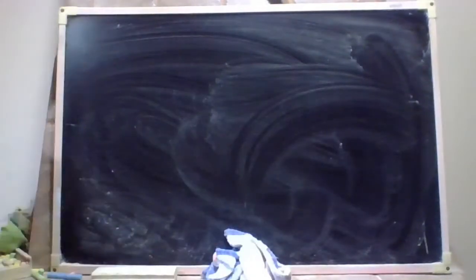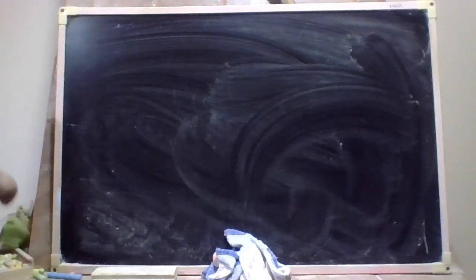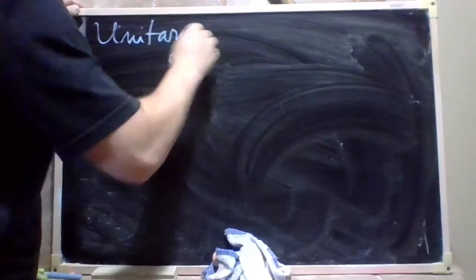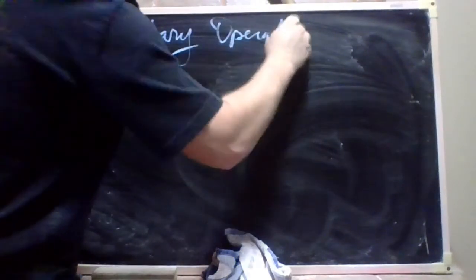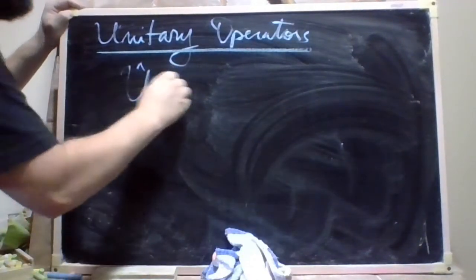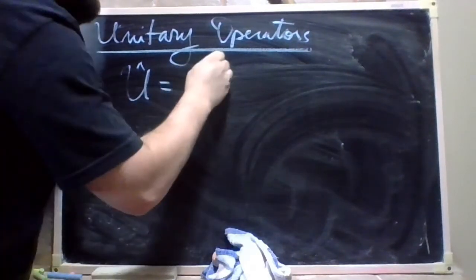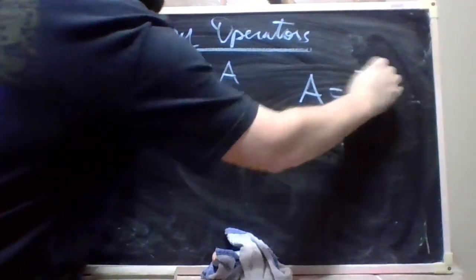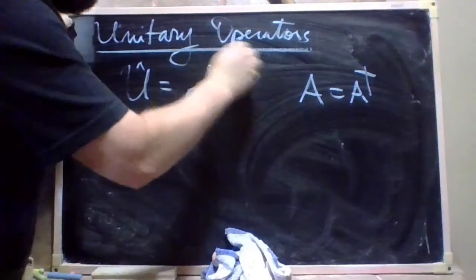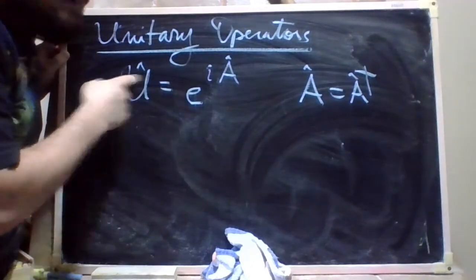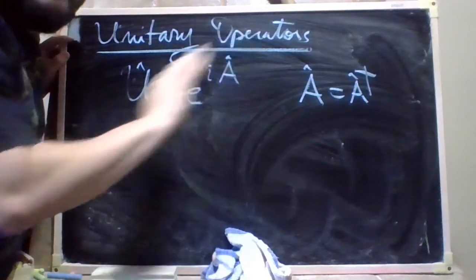Now, I must remember the following thing. Unitary operators, unitary matrices, can always be written as the exponential of a Hermitian, all right? If you express a unitary matrix this way, it ensures the unitarity.